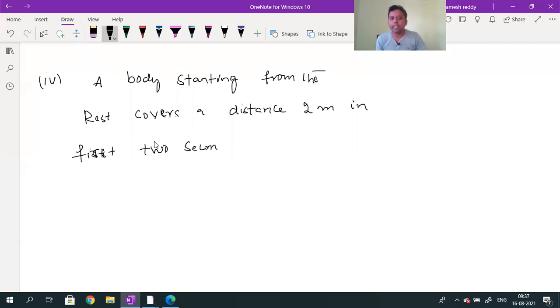And 4 meters distance in the next 2 seconds.